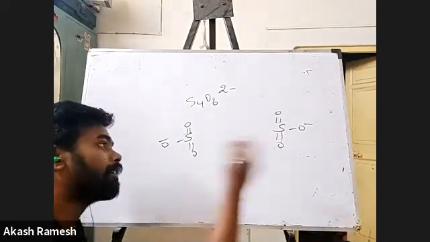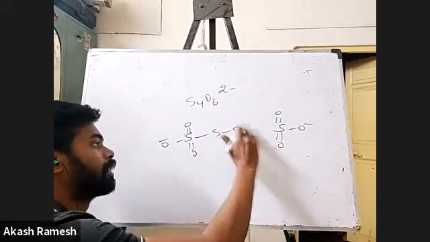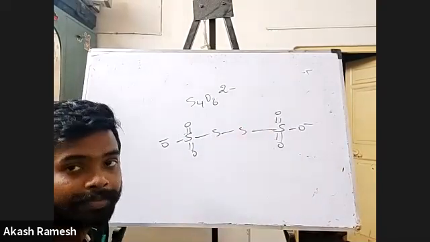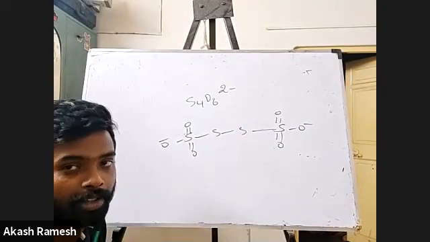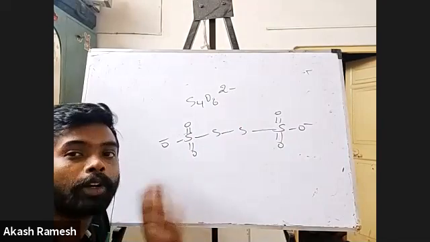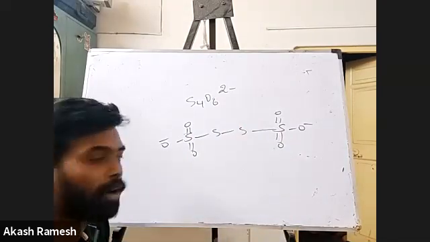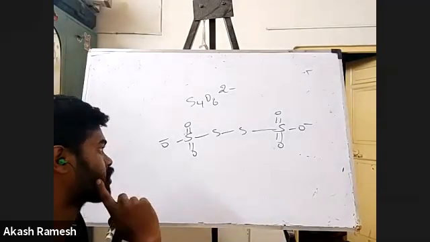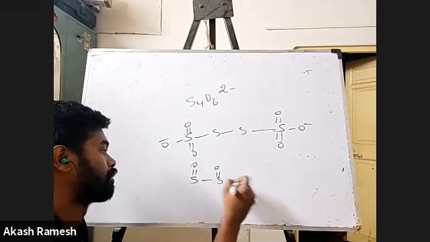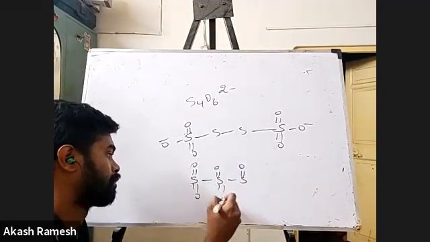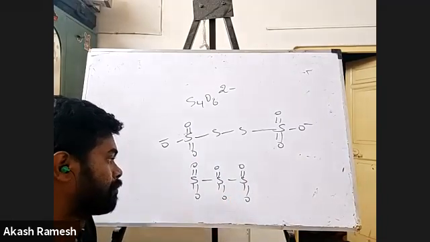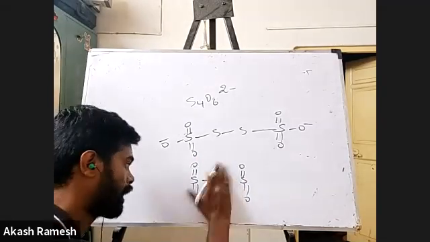Now the only way you will be able to do this is if you attach the sulfur atoms. This is the only possible structure. You can come up with any other structure you want, but electronically or structurally, it will not be correct. Say you tell me, sir, maybe I can draw another structure, something like this. Not possible.